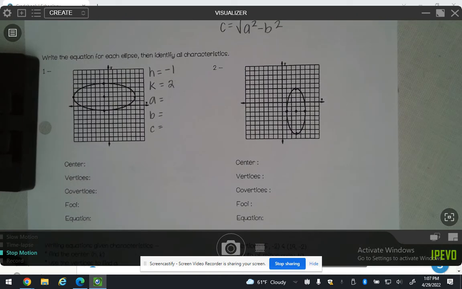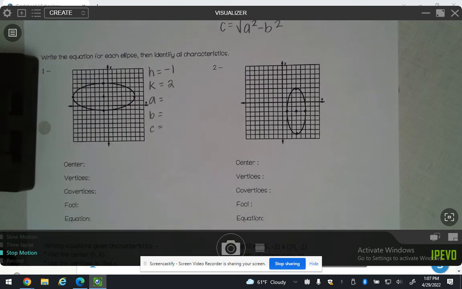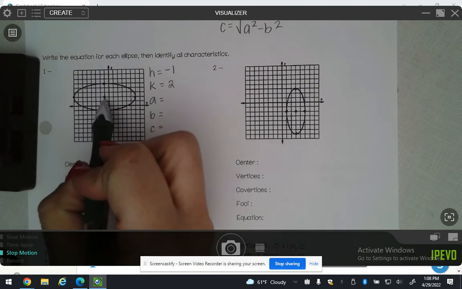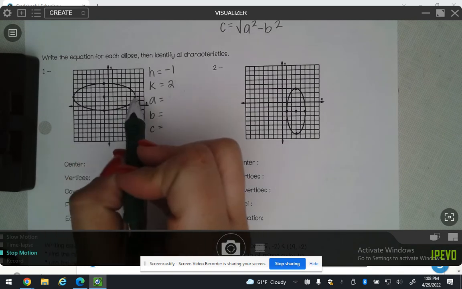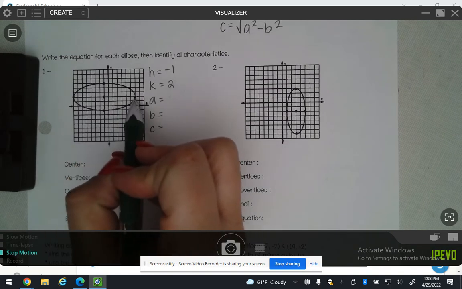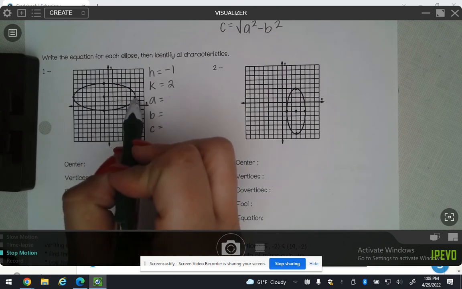Okay, now, which way does this stretch? Horizontally. So this has to be A. Now, listen, guys. A is your distance from the center to the vertice. This is my center, yes? This is a vertice. What's the distance from my center to a vertice? How am I going to find my distance? Count your boxes. 1, 2, 3, 4, 5, 6, 7.